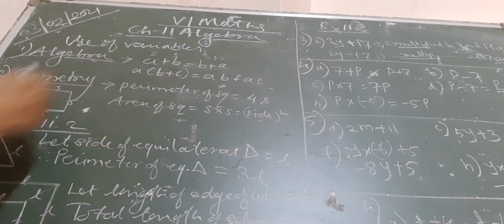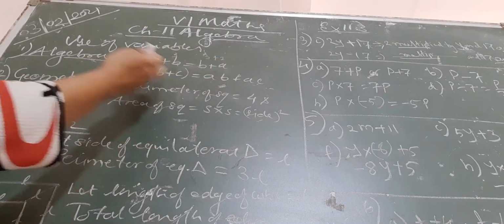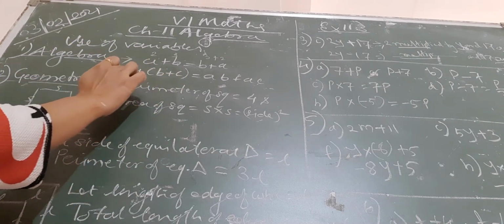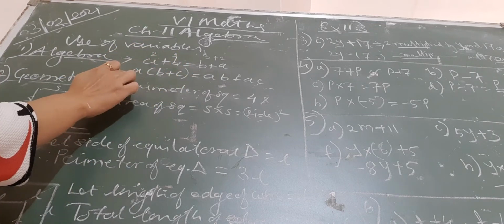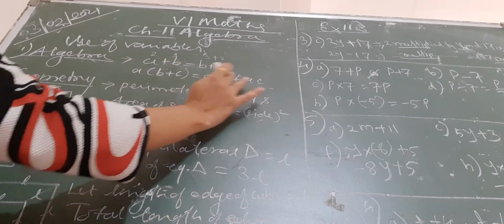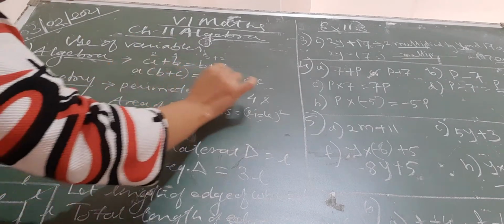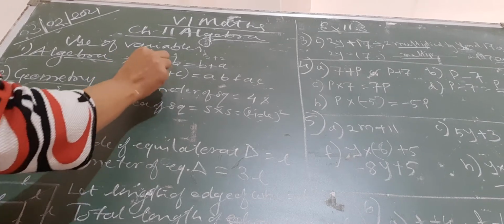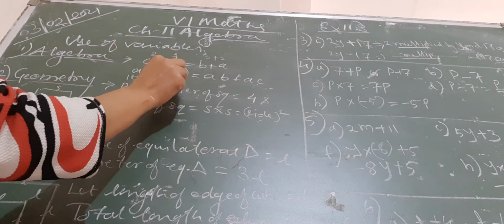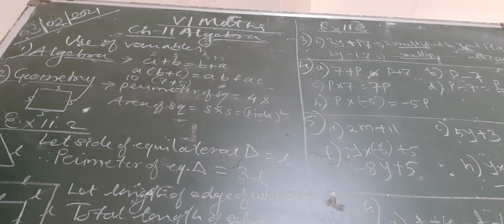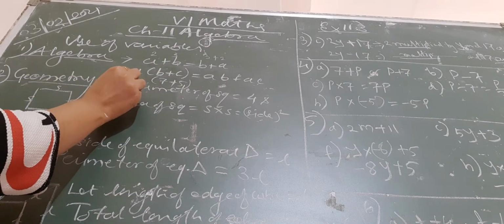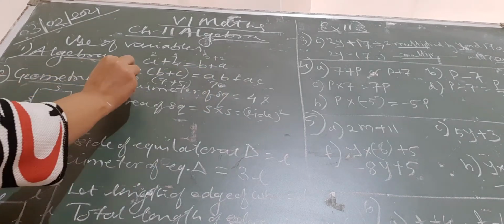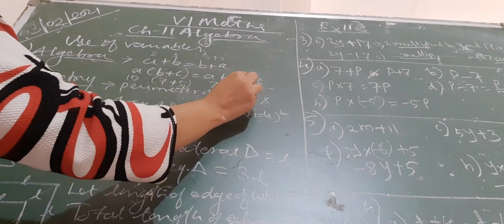Similarly, we have seen the distributive property. In the distributive property, three different numbers are there. You can add the numbers first and then multiply commonly, or you can multiply the numbers separately like this. If you take a as 10, b as 7, c as 5, then a times b is 70, and a times c is 50.